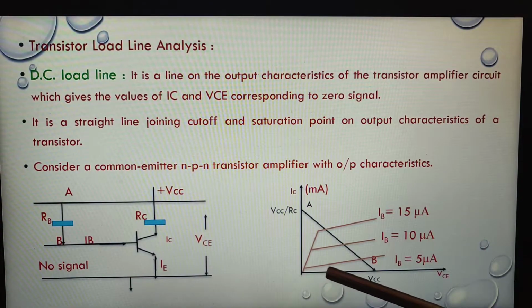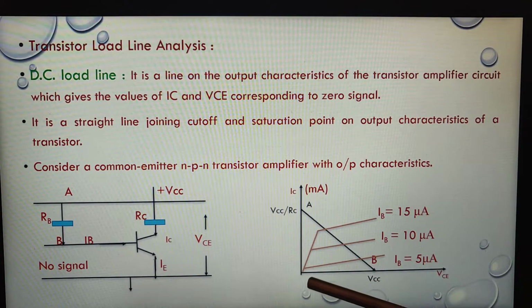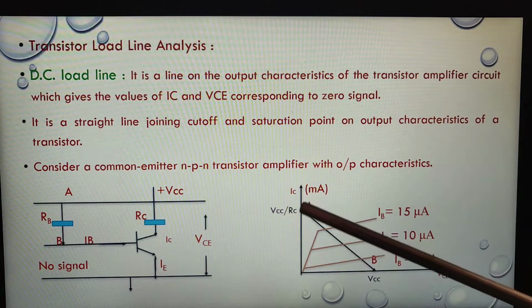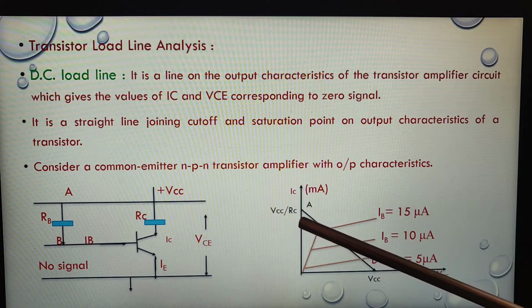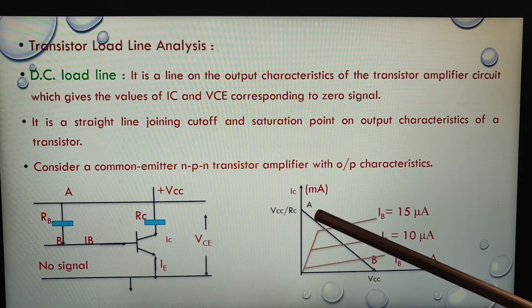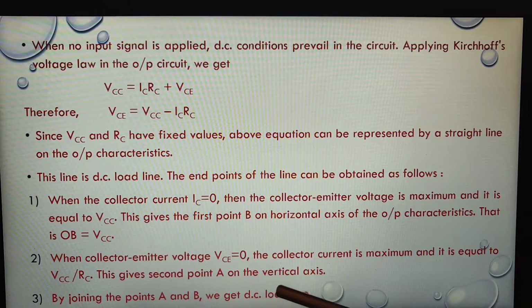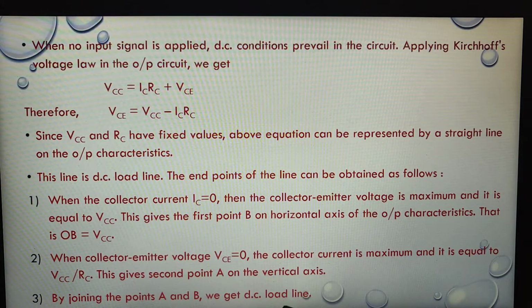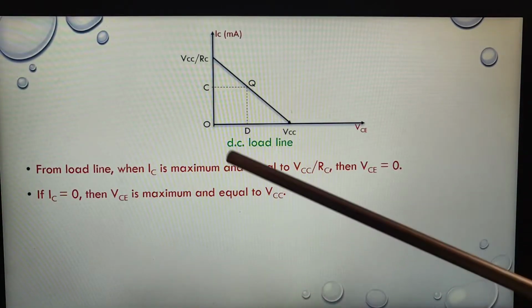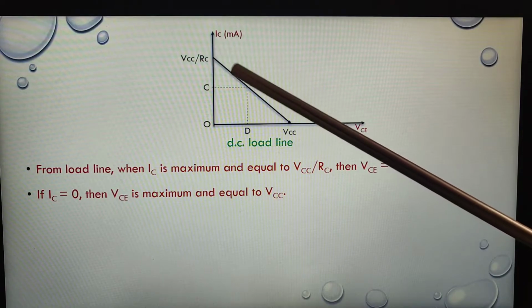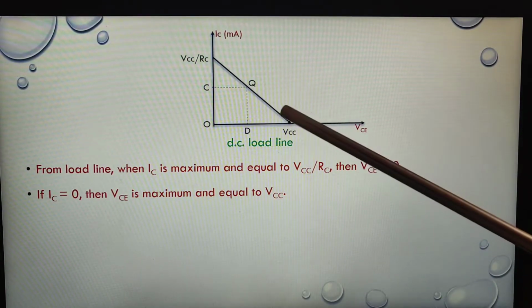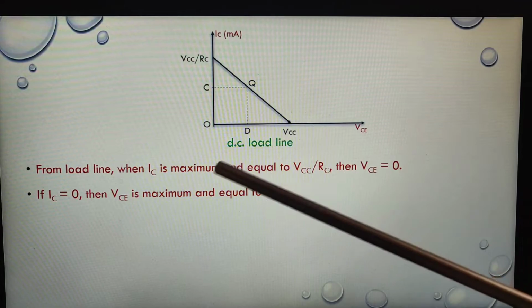So here we consider when this VCE equal to 0, then IC is maximum and it is equal to VCC upon RC, and the corresponding point is A. By joining the point A and B, we get DC load line.